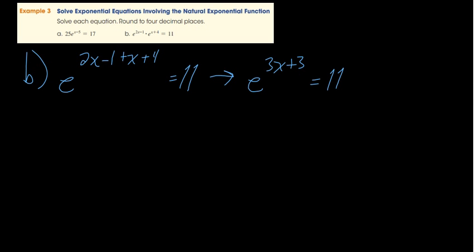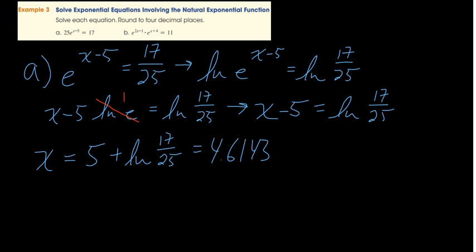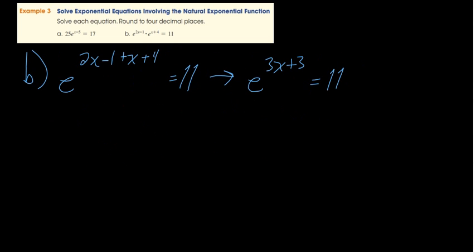We're going to take the natural log of both sides. By taking the natural log of both sides, I'm not going to write this out. I'm just going to take the exponent down. So this becomes 3x plus 3 is equal to the natural log of 11.